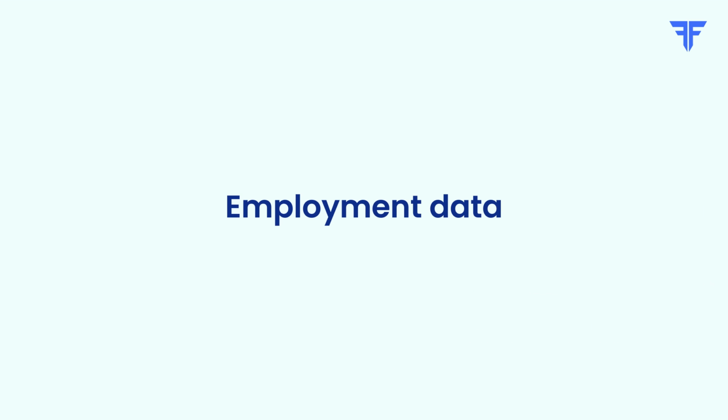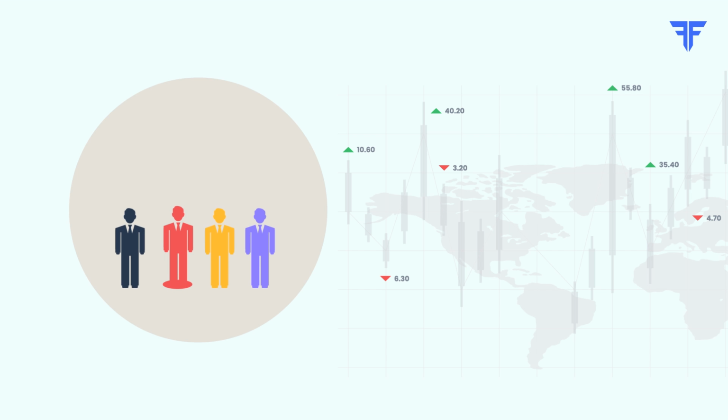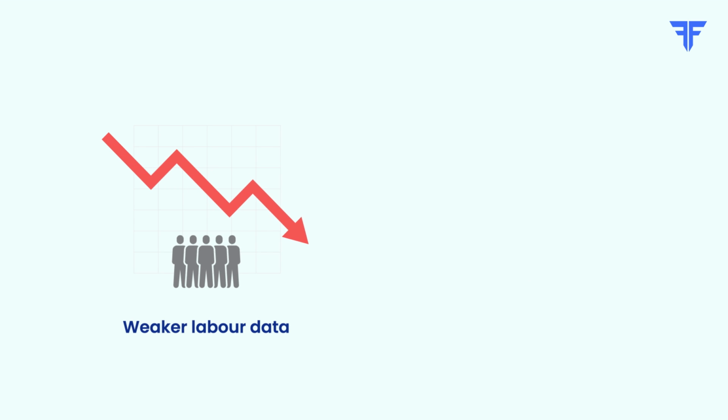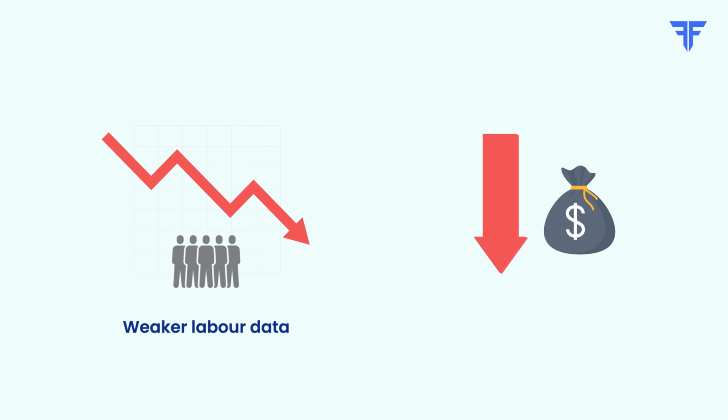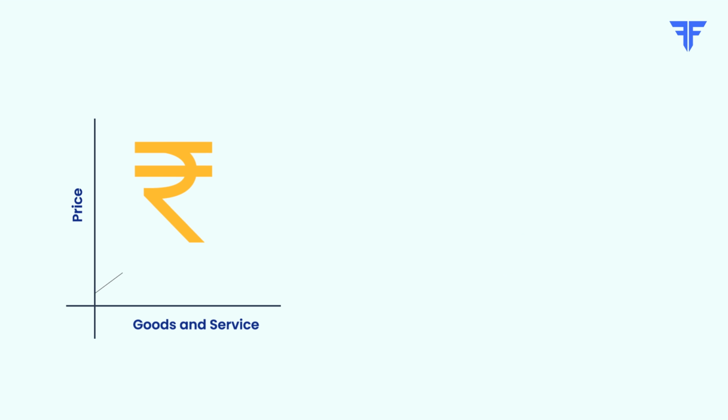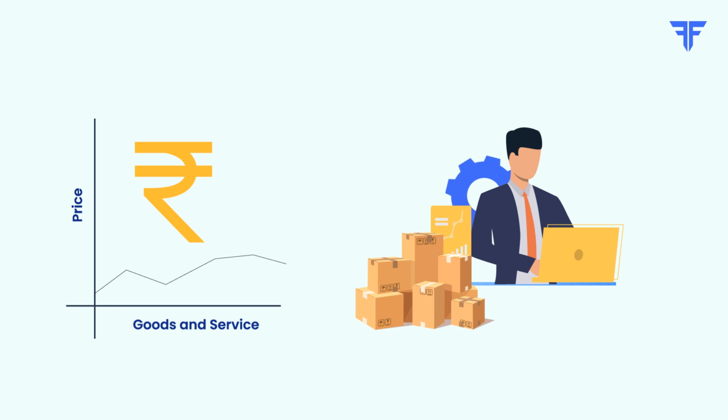Second, employment data. Employment data is quite crucial for the forex market. A stronger than expected labor data is positive for the currency, while a weaker reading is negative for the currency. Third, inflation data. Inflation is the general increase in the price level of goods and services in the economy.